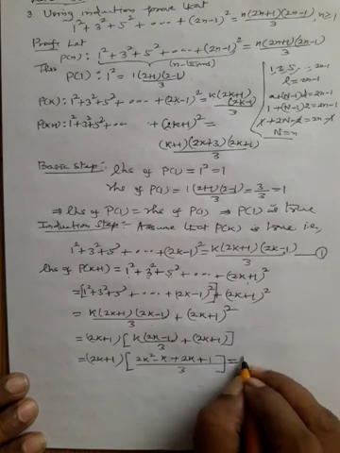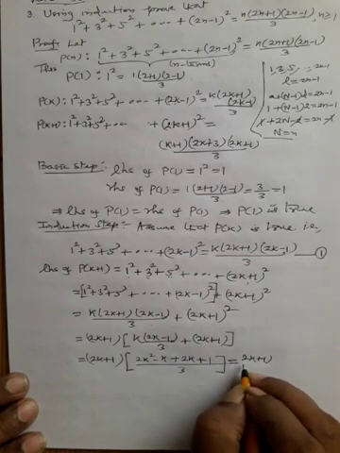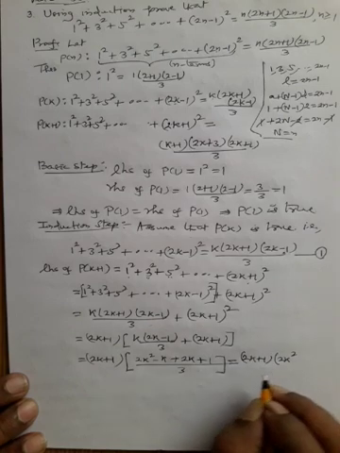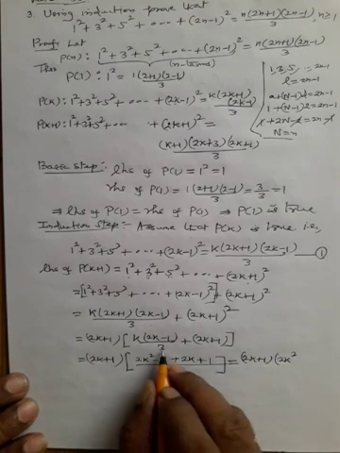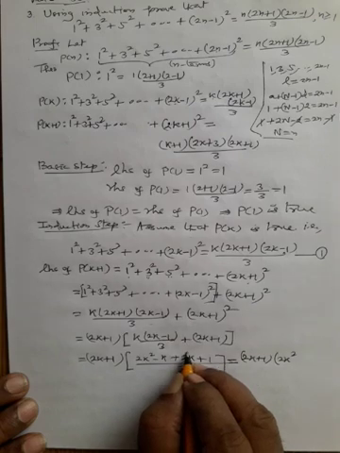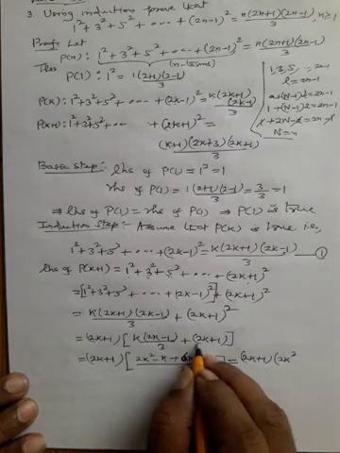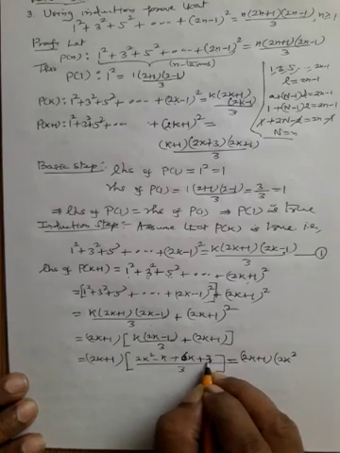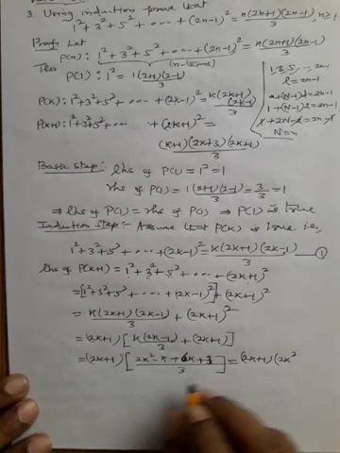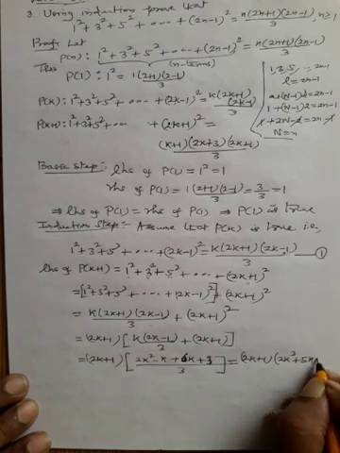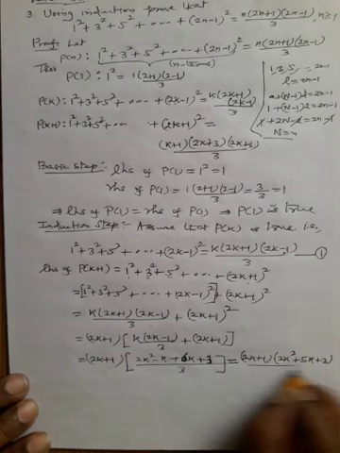So when you take LCM 3, 3 into 2k is 6k, 3 into 1 is 3, so (2k plus 1) into (2k squared plus 5k plus 3) whole divided by 3.